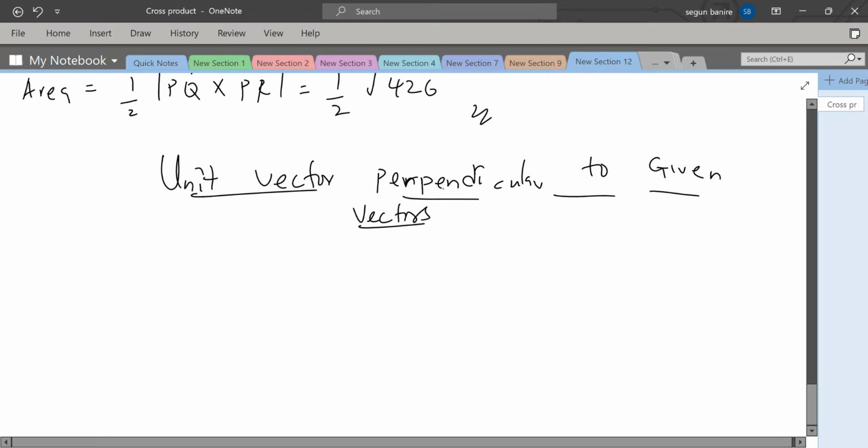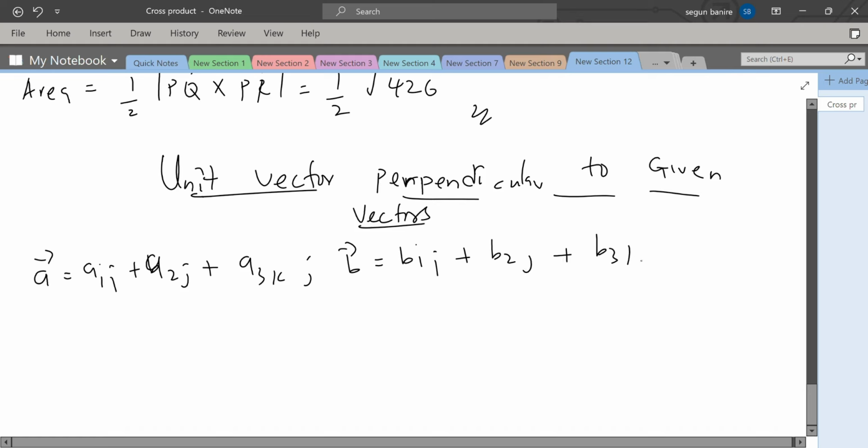So how do you get the perpendicular vector to two given vectors? They give you two vectors. Given vector A to be A1i plus A2j plus A3k and B to be B1i, B2j, B3k.